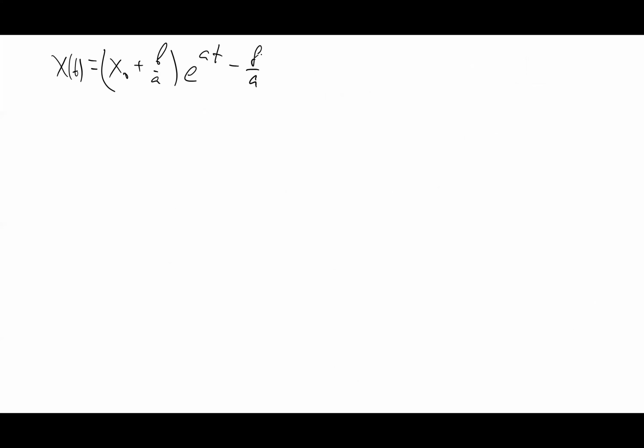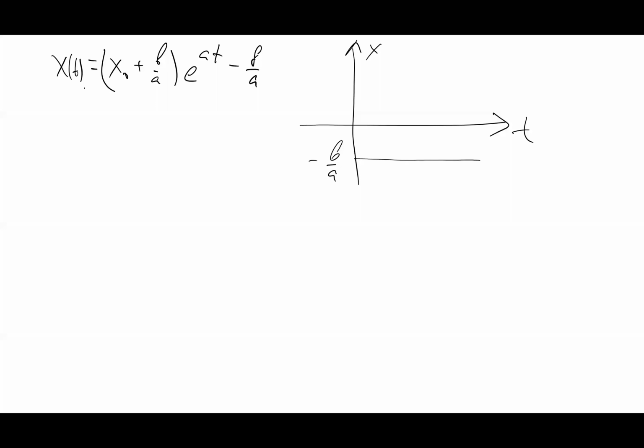We can plot it. This is time, this is x as a function of time. Let's say this is minus b over a. If x naught equals minus b over a, this term will be 0, and x of t will stay equal to minus b over a forever.